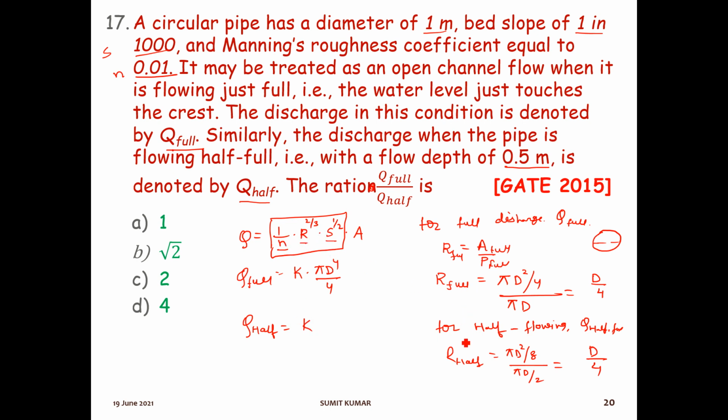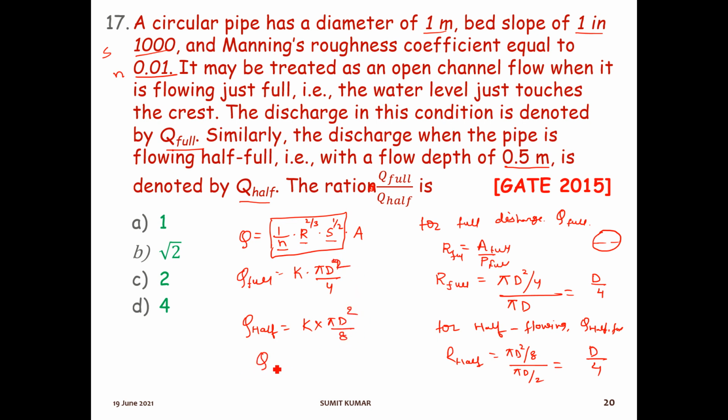R for both cases comes as d by 4. So the term becomes constant into the area, that is pi d square by 8 for half and pi d square by 4 for full.